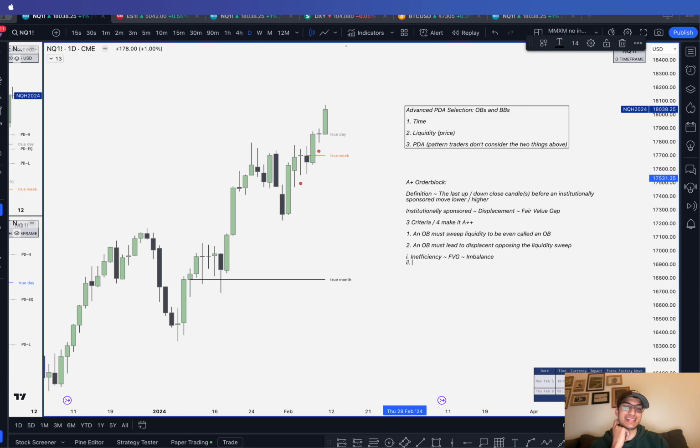What's the second thing that displacement must have? It's the big S word that I always use. What confirms displacement? You can have an FVG, but what really confirms displacement? No wrong answers here, just throw anything out.